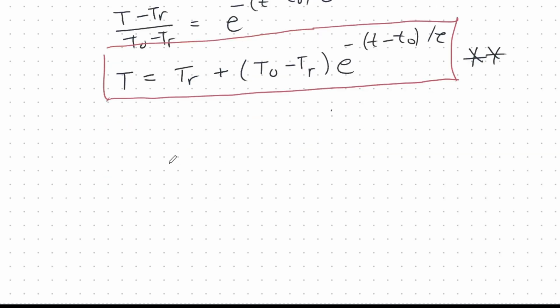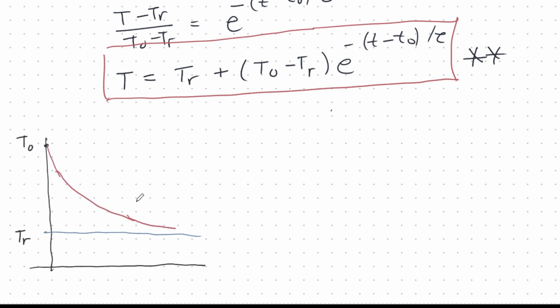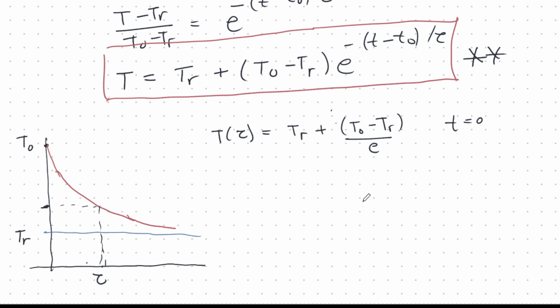Now let's interpret the meaning of tau. Coffee begins at T0 and decays down to room temperature TR. But at some time tau, the temperature achieves a special value. So here we've computed it starting at time t equals 0.